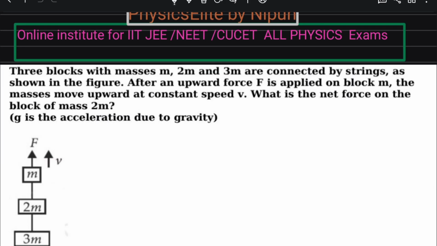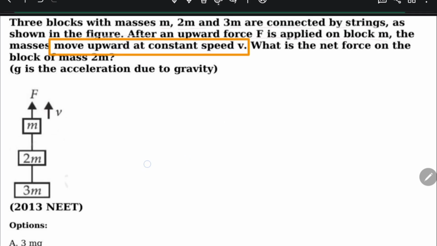Now this question is also very good. Three blocks with the masses M, 2M and 3M are connected by string as shown in the figure. After an upward force F is applied on the block, the masses move with constant speed. This is the key point: constant speed. So what is the net force on the block of mass M?